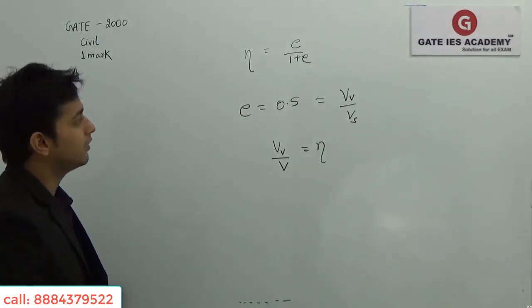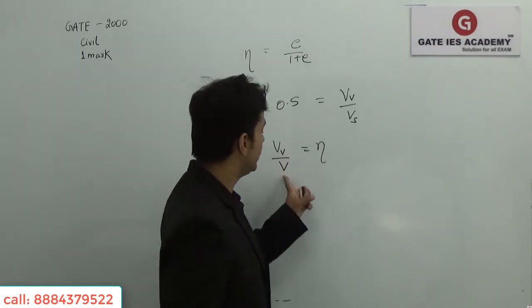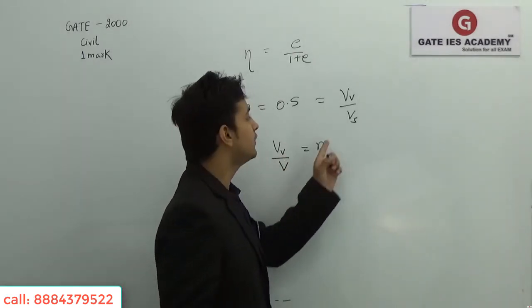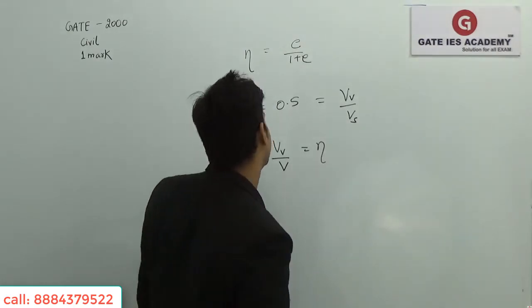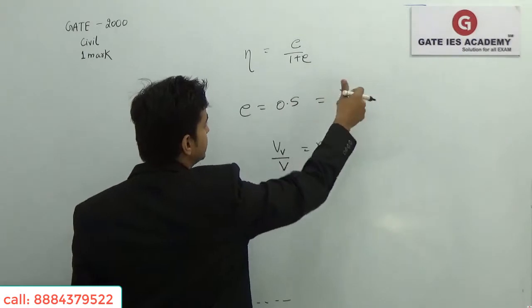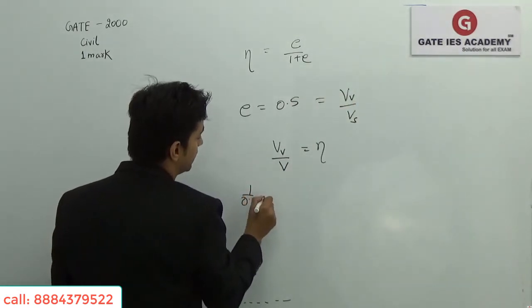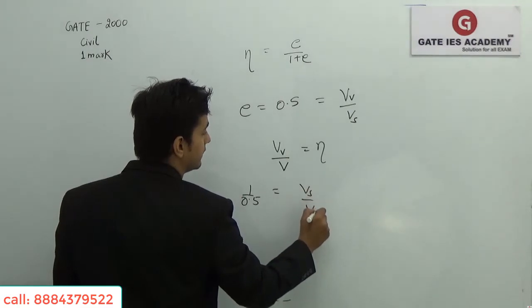So our main aim is to find out the value of Vv by V. So we have to remove this Vs term. How will you remove this? What I suggest is, first of all take the reciprocal. So 1 upon 0.5 will be equal to Vs upon Vv.